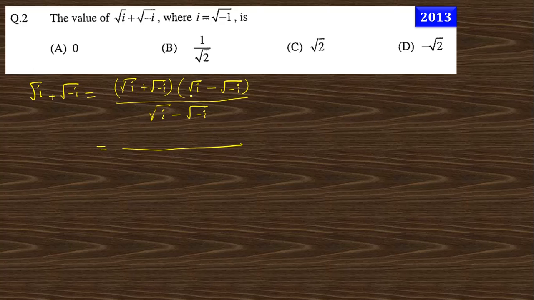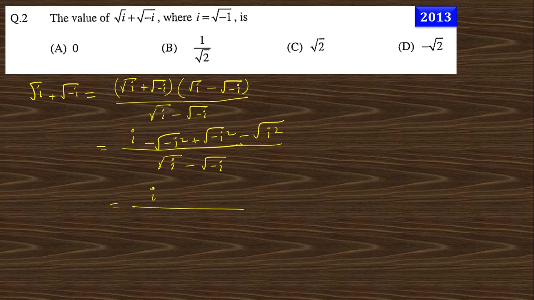If we multiply, root i into root i is i, root i into root minus i gives a cross term, and root minus i into root minus i gives minus i square. In the denominator this will be i minus root minus i.